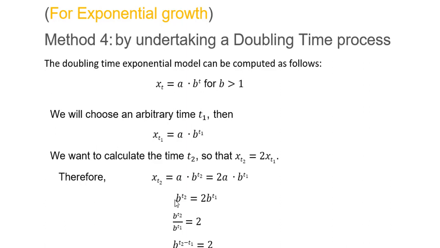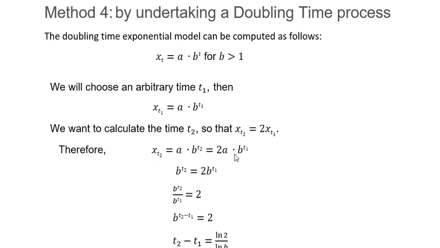So we get b to the t2's power equals 2 times b to the t1's power. Both sides we divide by b to the t1's power. You will get this. So we have b to the (t2 minus t1)'s power equals 2.